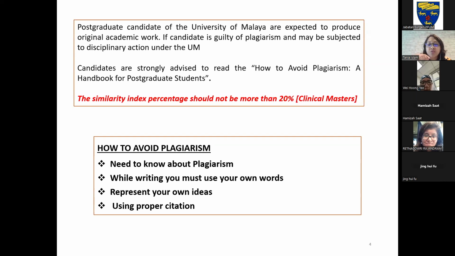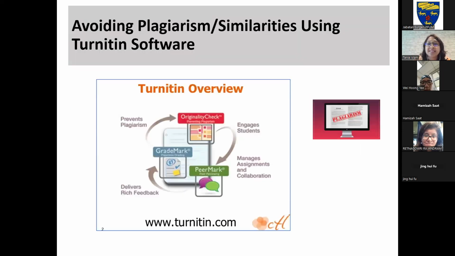So when you write your thesis, you must use your own words, unless you use quotation marks for copying someone's work, try to represent your own ideas, and use proper citation. I will keep telling you to use proper citation because that's the most important part to avoid plagiarism.